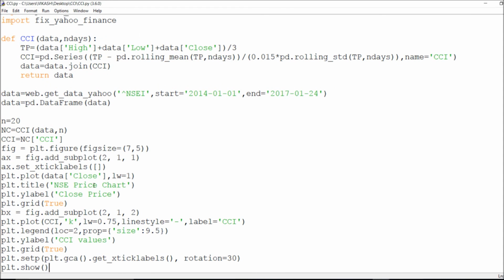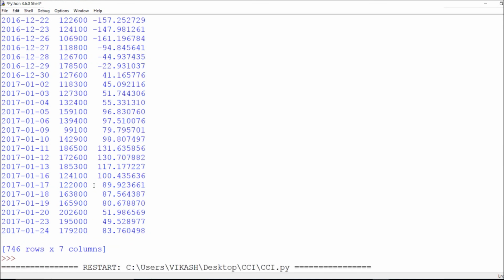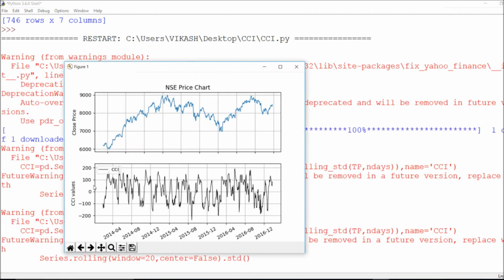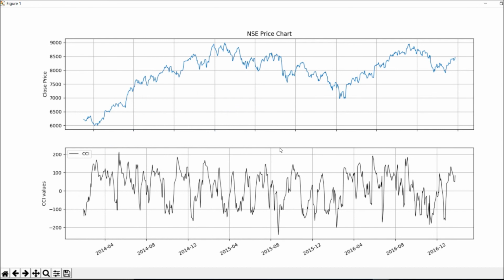I will say please plot my graph and show me that graph of the commodity channel index. Yes, with some warnings, which we don't need to consider, we are getting these NSE price values, and from this we can get to know about this.